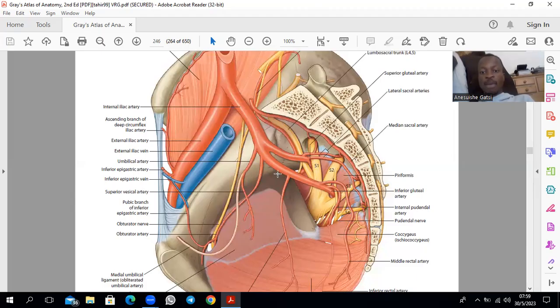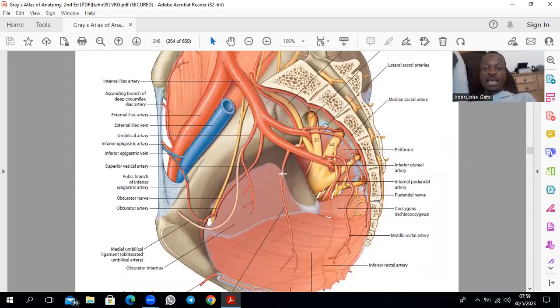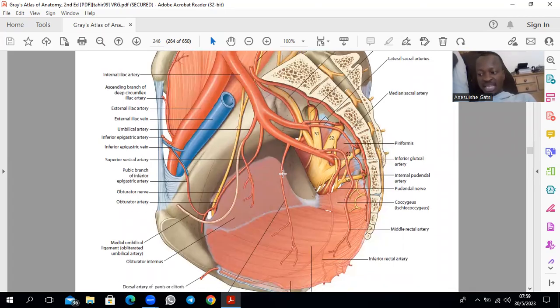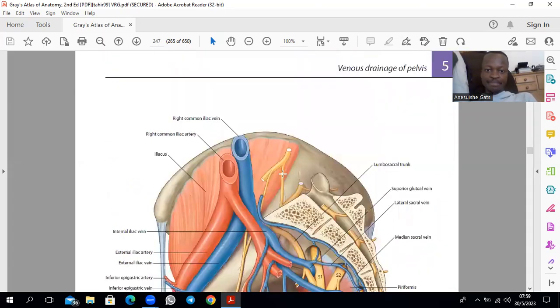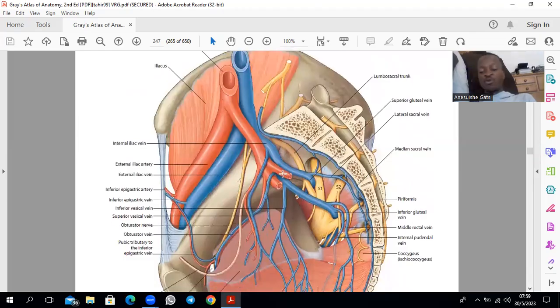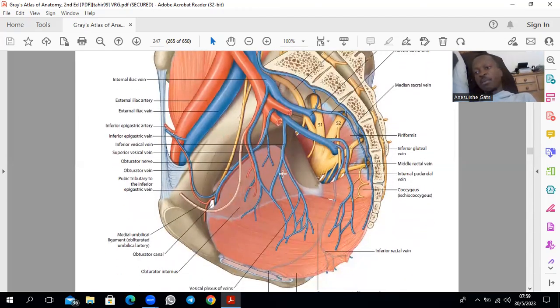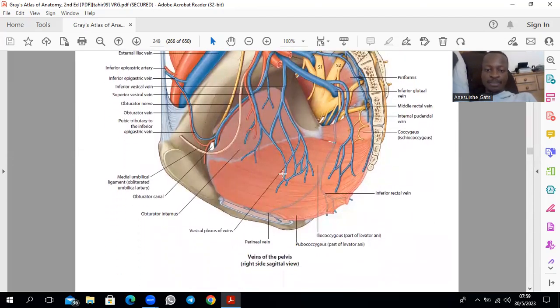That's what you use to remember. The first three, which is iliolumbar, lateral sacral, and superior gluteal, they come from the posterior division. The rest will come from the anterior division. The veins will follow the artery, so I won't waste time on the veins of the pelvis.